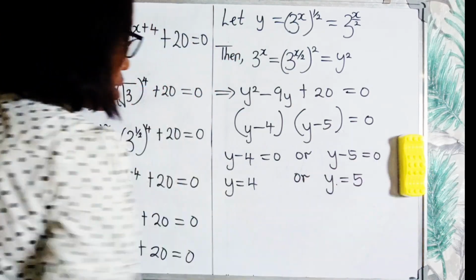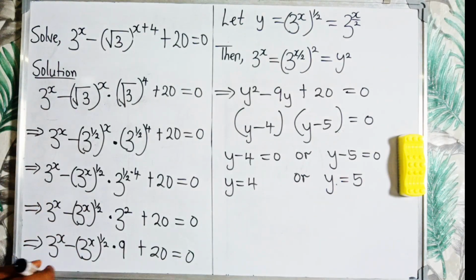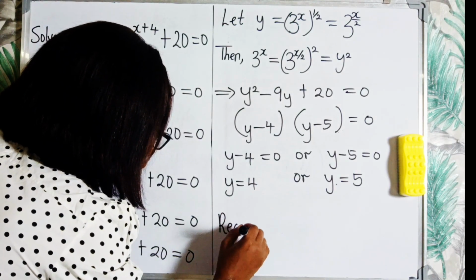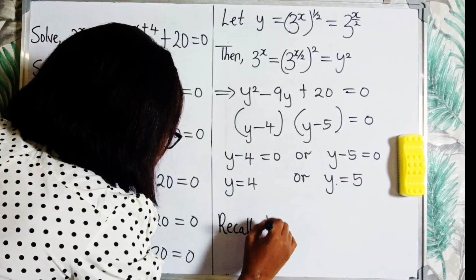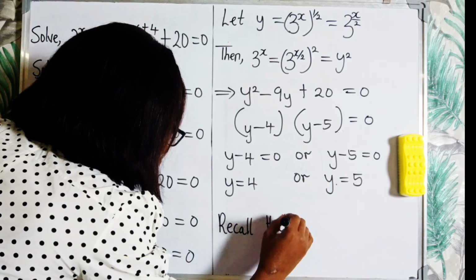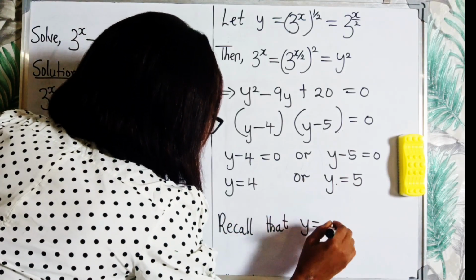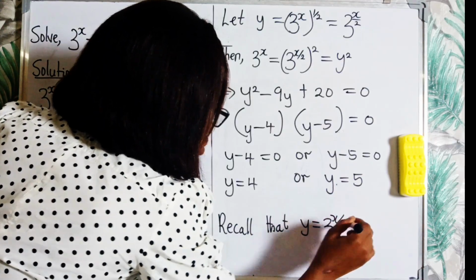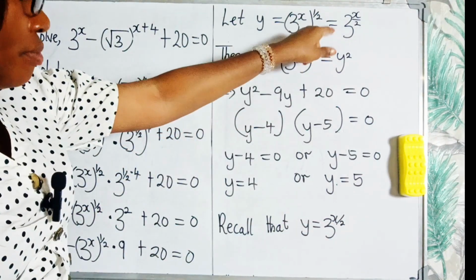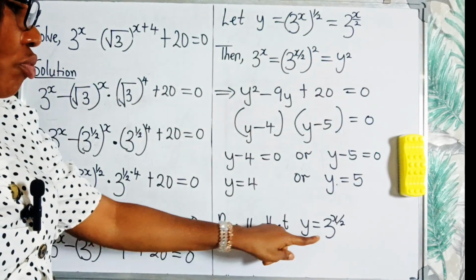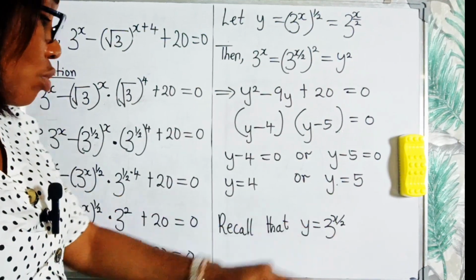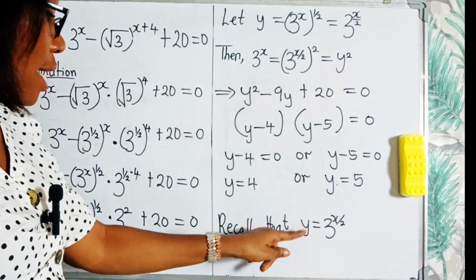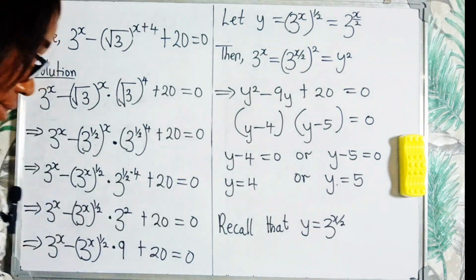But recall that our y is equal to 3 raised to power x over 2. So we now have to substitute the value of y and then solve for x.